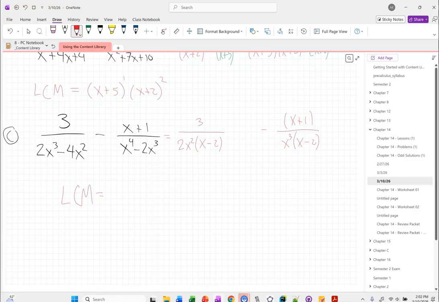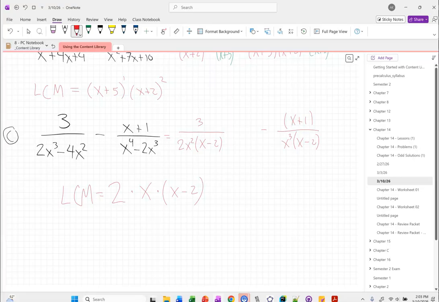There's 2. There's x. And then there's x minus 2. Those are your 3 distinct prime factors.